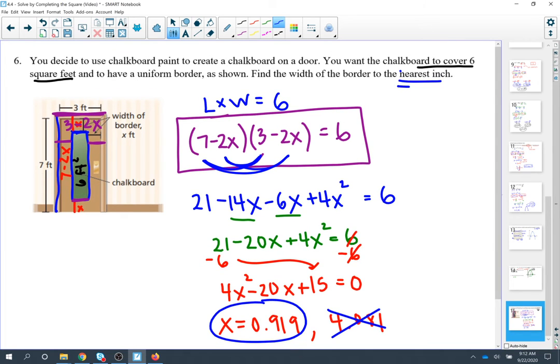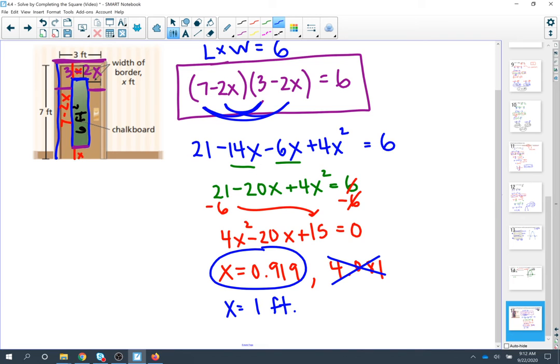Okay, so if there's 12 inches in a foot, that means we have to take 0.919, multiply it by 12, because there's 12 inches in a foot, which is going to give us 11.028 inches. And then if we round to the nearest inch, that's going to tell us 11 inches. So our uniform border has to be 11 inches the whole way around the door.